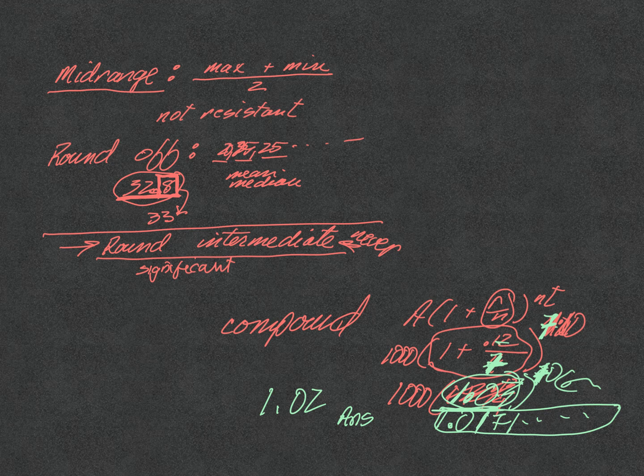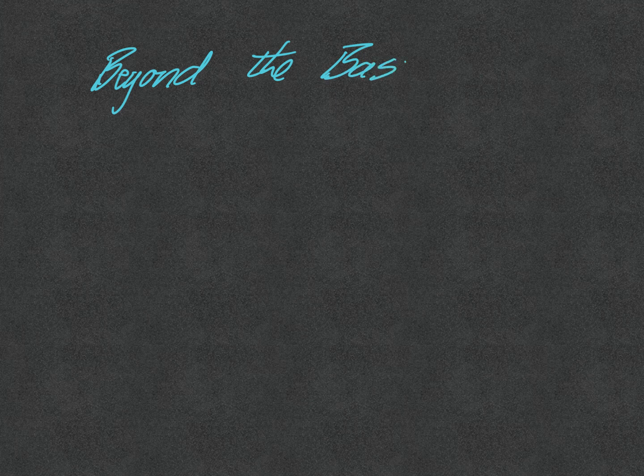So the next thing we want to talk about is what's called a weighted mean. This is in the Beyond the Basics portion of your chapter, and I tend to always ask weighted mean questions on exams.